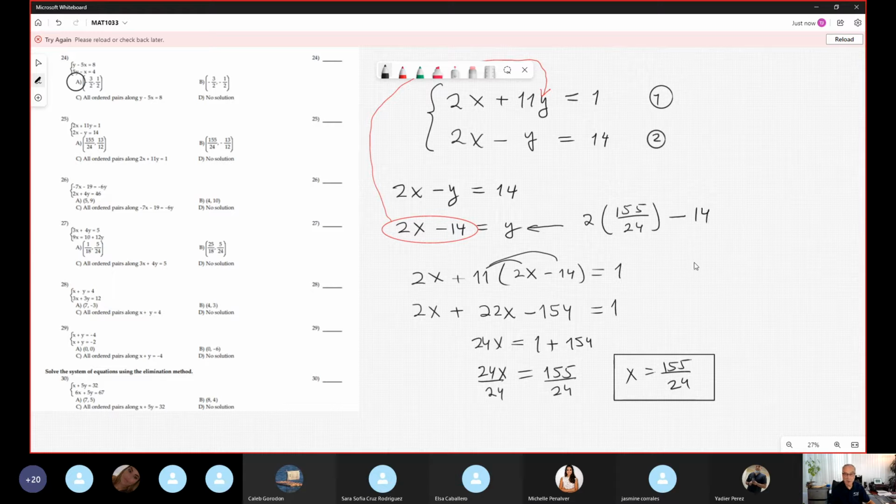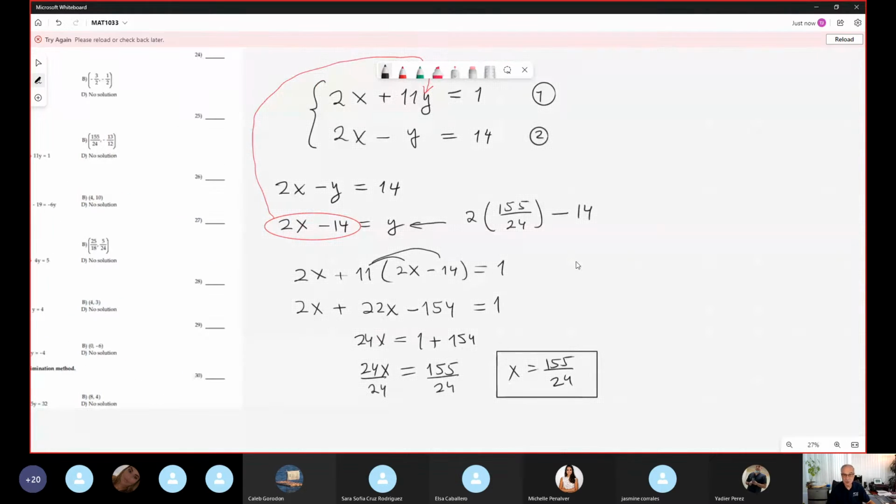Okay, order of operations, multiplication first. You multiply 2 times this, it's obvious that you will cancel out, 24 divided by 2 is 12. So my computation is a little bit clearer. 155 divided by 12, minus 14. The least common denominator is 12.